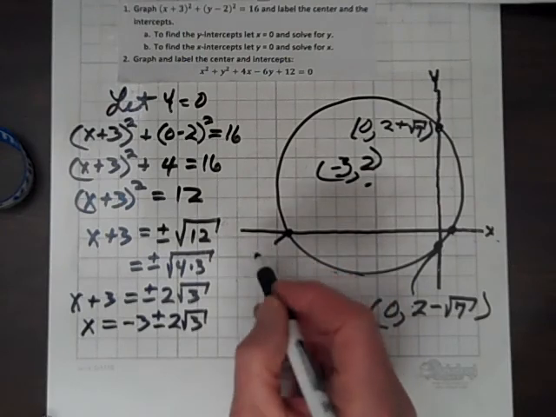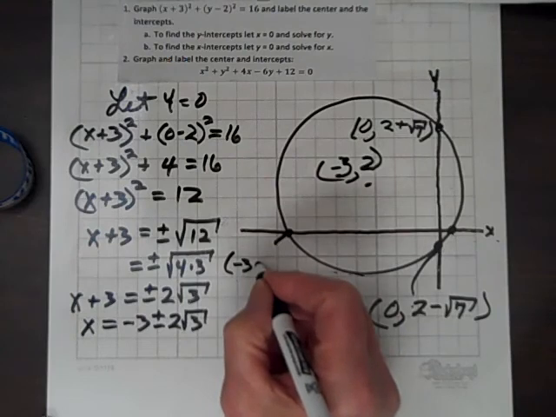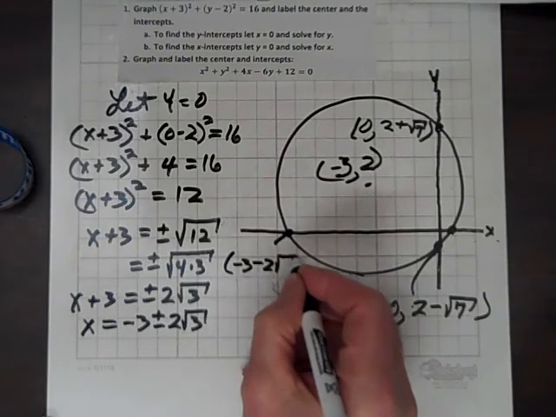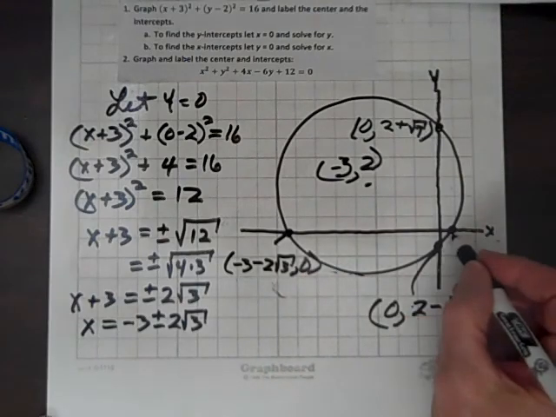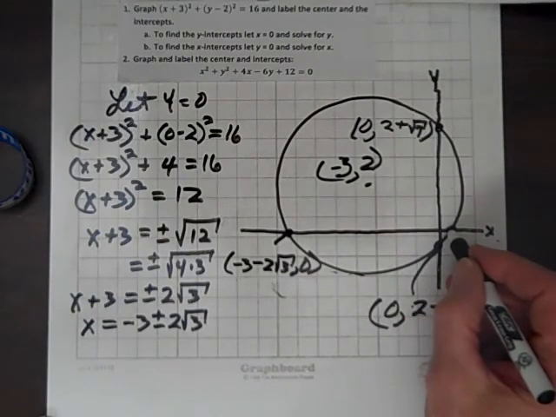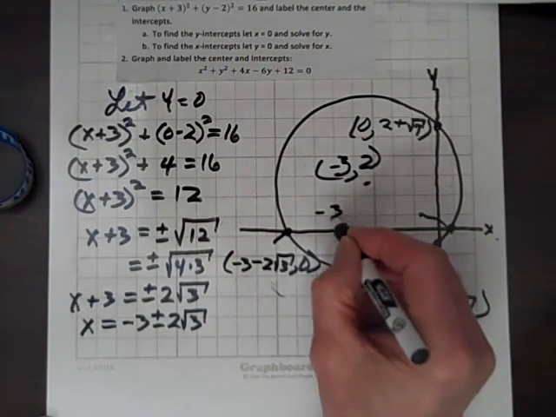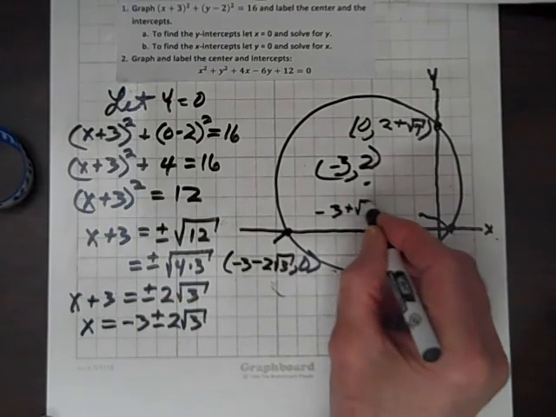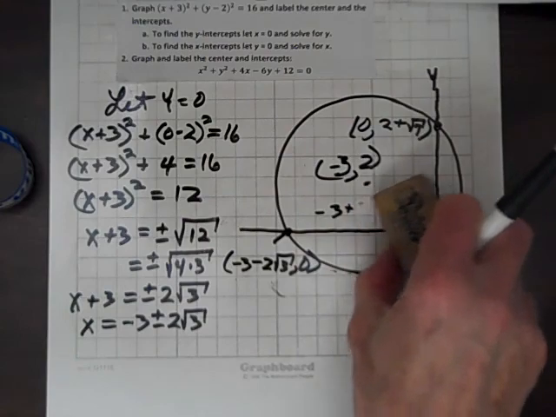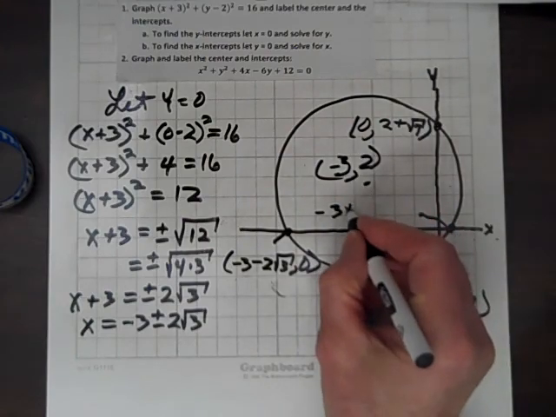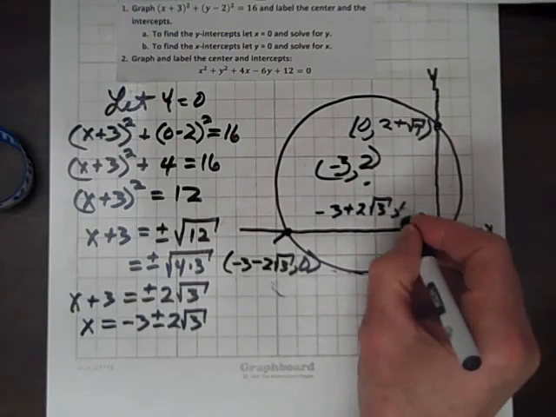So this x-intercept is (−3 − 2√3, 0). This x-intercept is (−3 + 2√3, 0).